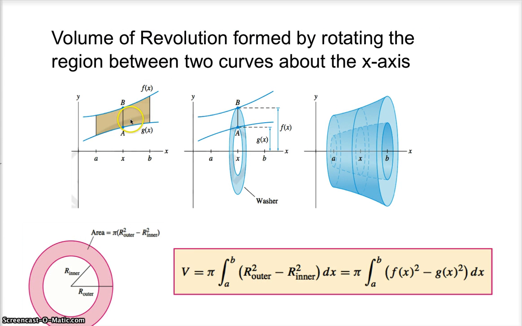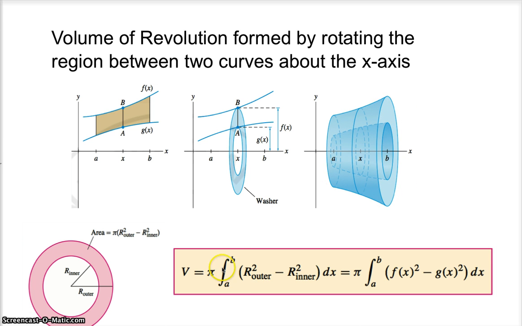So what if we were to rotate a region between two curves about the x-axis? What would the solid look like? Well, it would have a hole in it, right? It'll look like this, and this region inside here would be an empty space. So this would be like the difference of two volumes. In this case, f of x is above g of x, so that would be the larger radius, and that would be the larger solid.